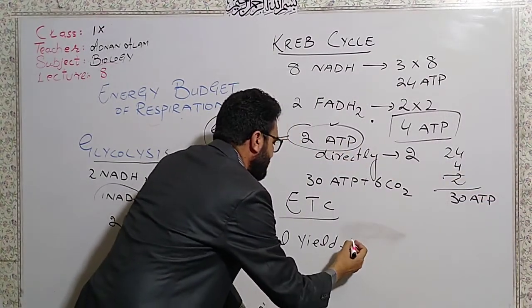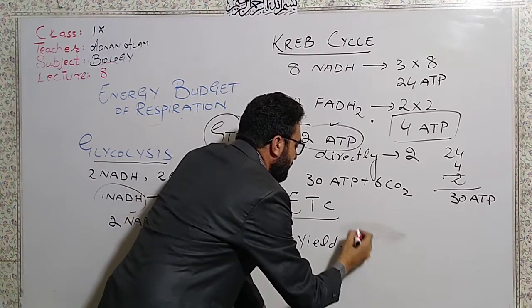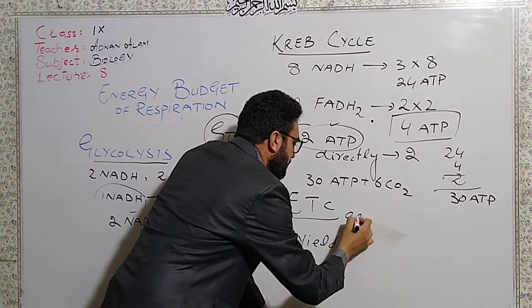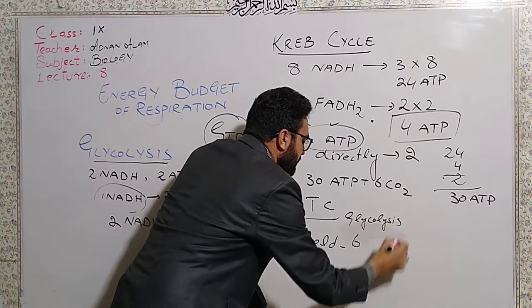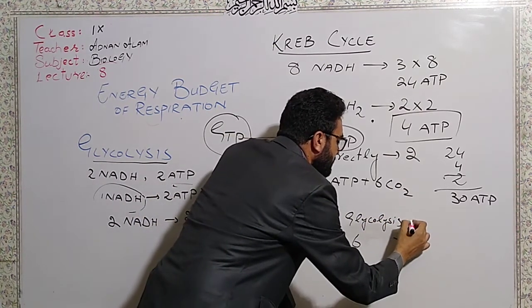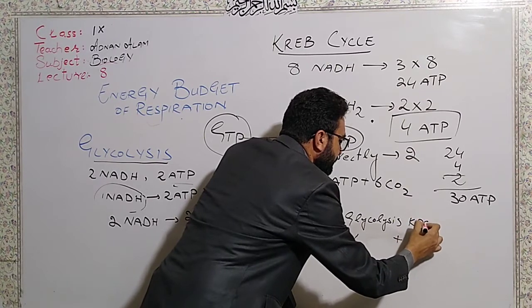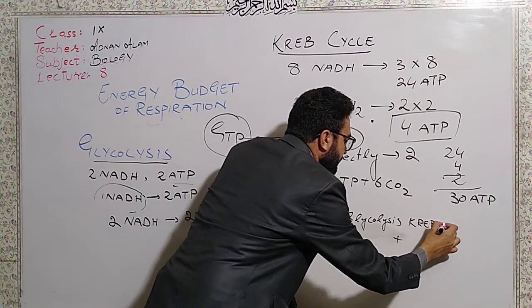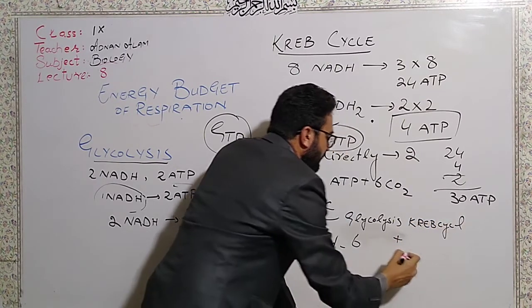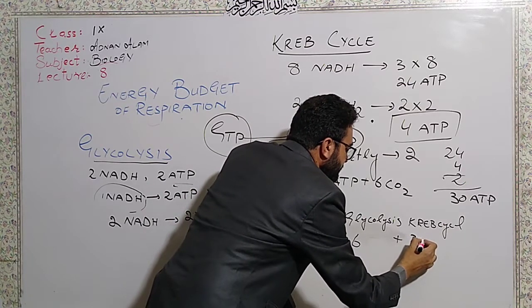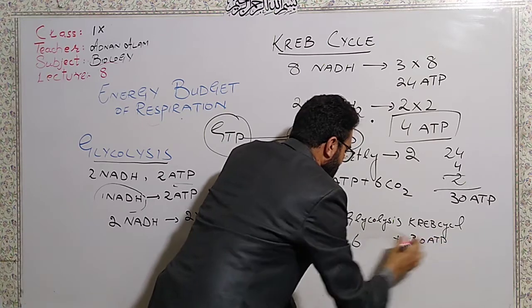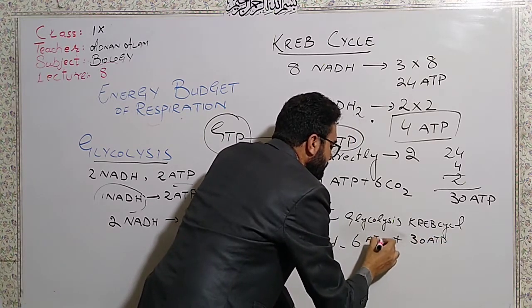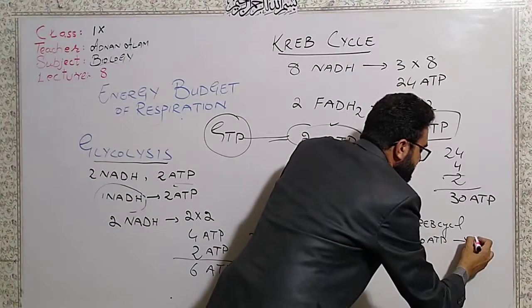We got 6 ATPs from glycolysis. From the Krebs cycle we got 30 ATPs. So our total ATPs are 36.